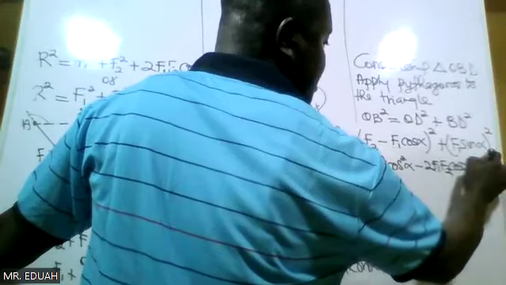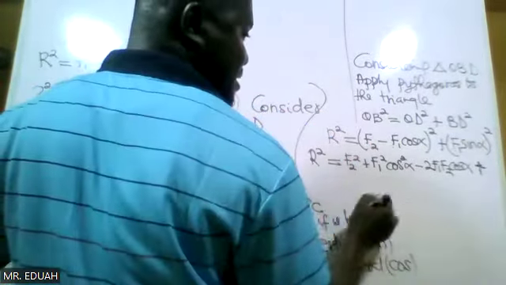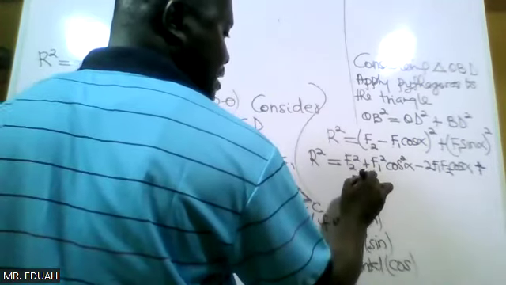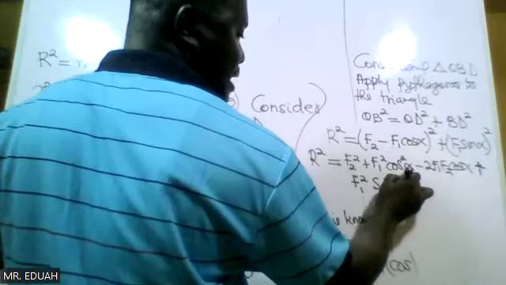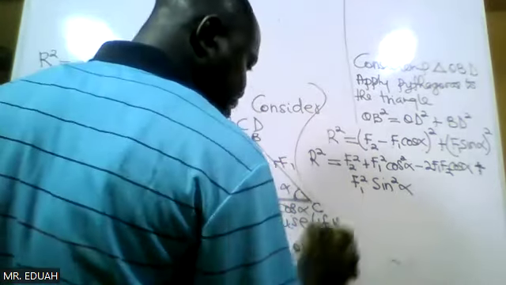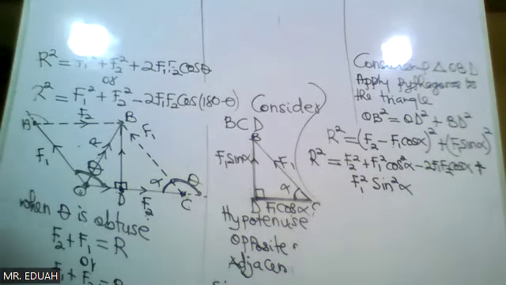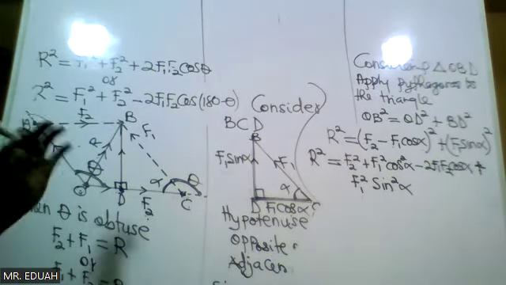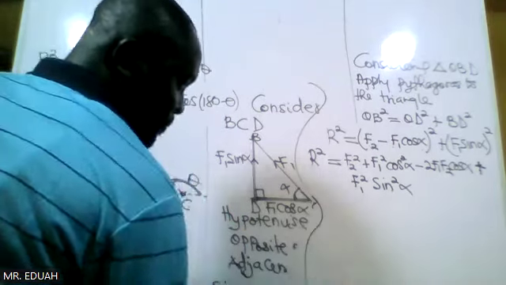Plus, you square this, and you have F1 squared sine squared alpha. That will be the expansion. Don't be trembled. We are proving something which you will use later. I'm just taking you through how some formula or relations were obtained.